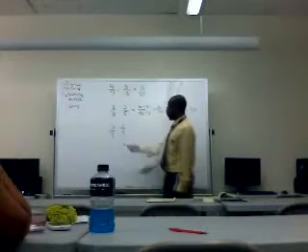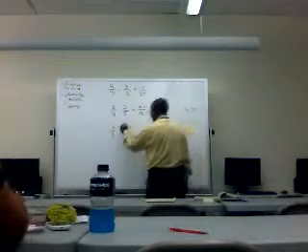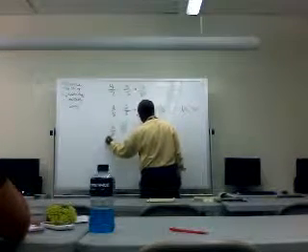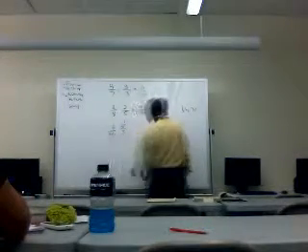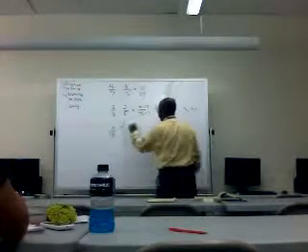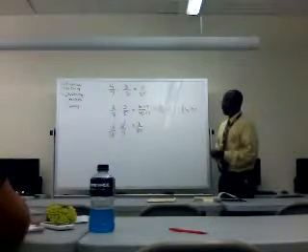Oh, no. Are there any numbers that go into 2 and 8? 2. 2 divided by 2 will give me a 1. 8 divided by 2 will give me a 4. And that's going to give me 3 over 20. Same answer.